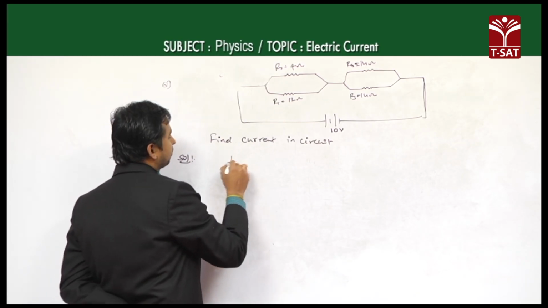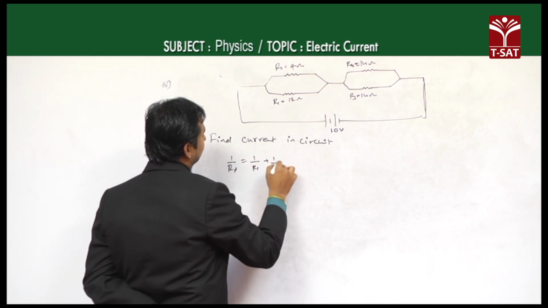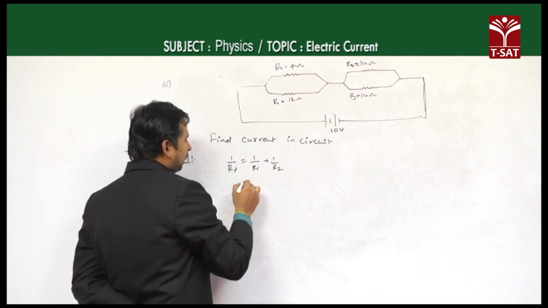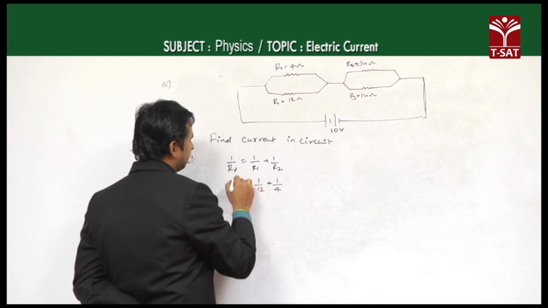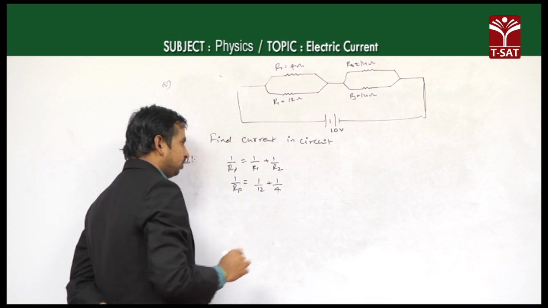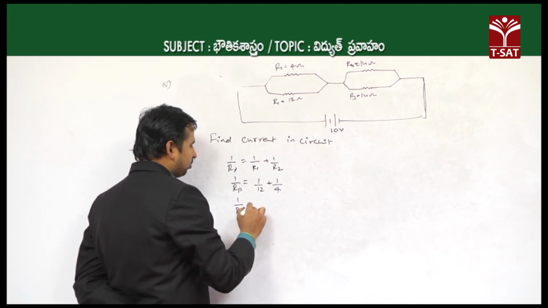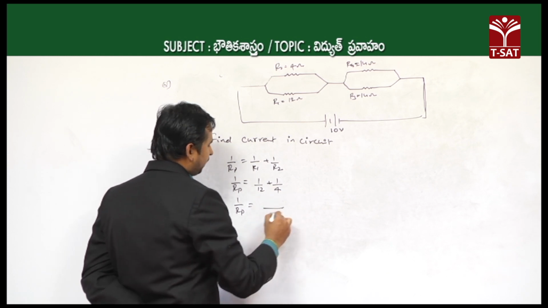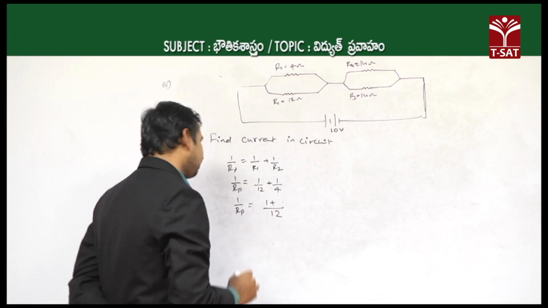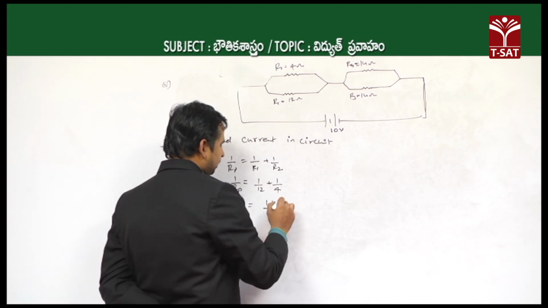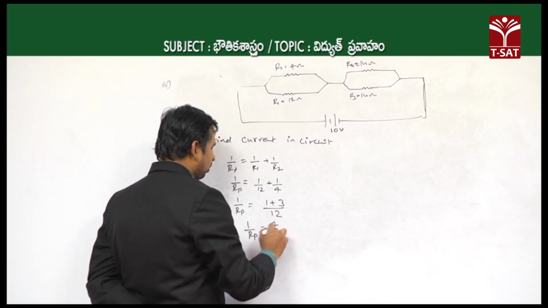Then if we take the R1 and R2 values, which are connected in parallel, the equivalent resistance becomes 1 by Rp is equal to 1 by R1 plus 1 by R2. Then 1 by 12 plus 1 by 4 is 1 by Rp. Taking the LCM of 12, it is (1 plus 3) by 12, so 1 by Rp is equal to 4 by 12.